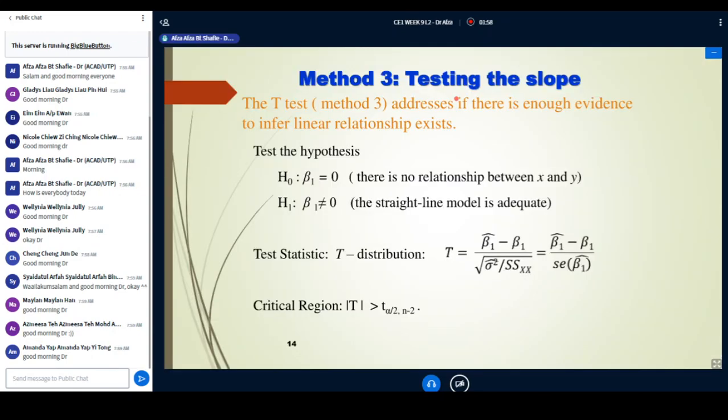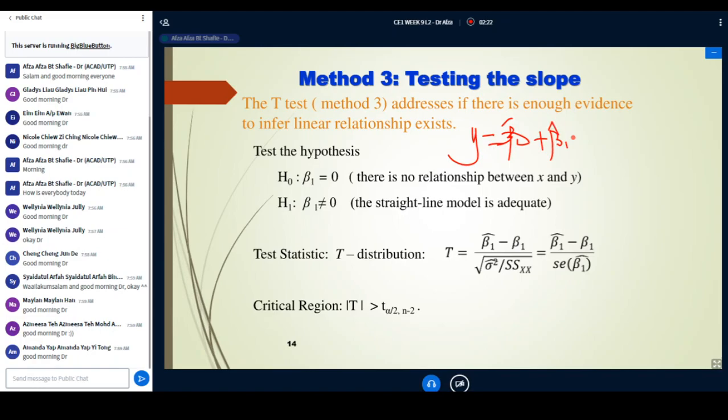So the third one is what we call the testing of the slope. Why do we test for the slope and not for the intercept? Because we know that for any linear equation, y is equal to beta naught hat plus beta 1 hat x.